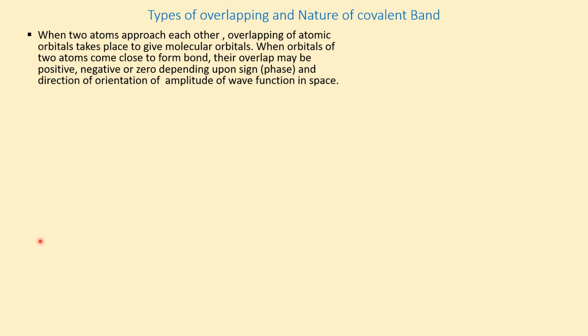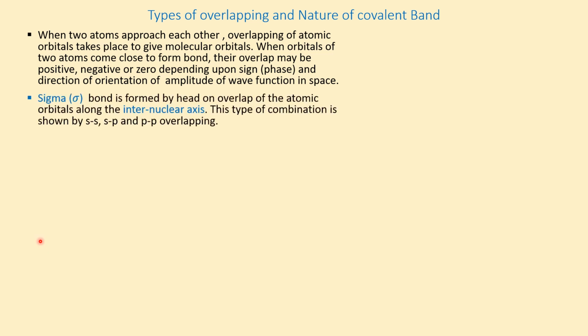When orbitals of two atoms come close to form a bond, their overlap may be positive, negative or zero depending upon the sign, that is phase, and direction of orientation of the amplitude of the wave function in space.